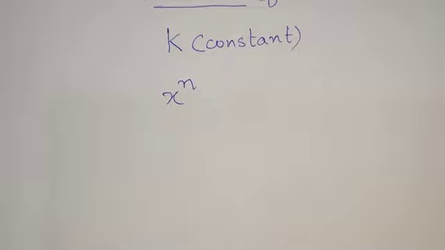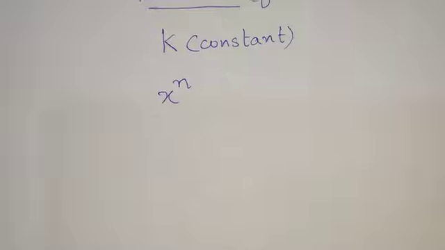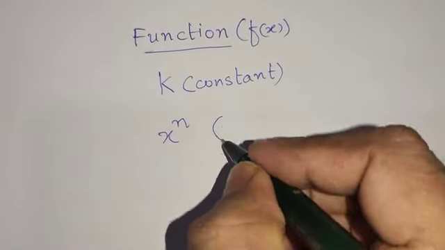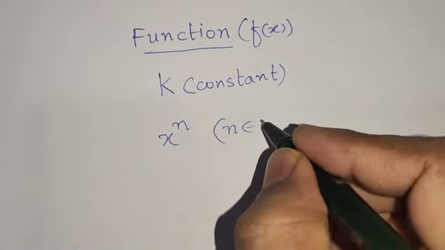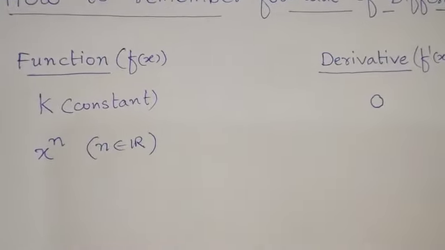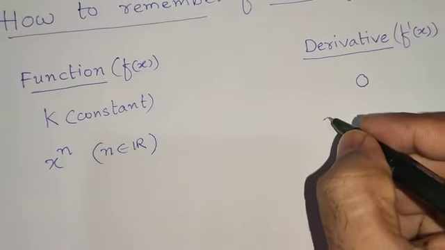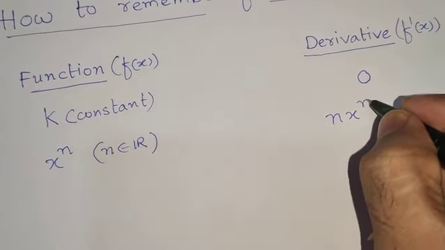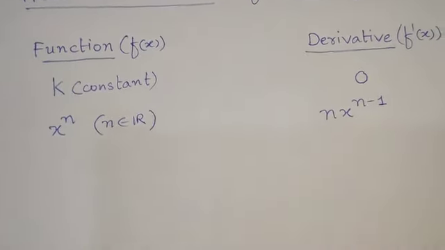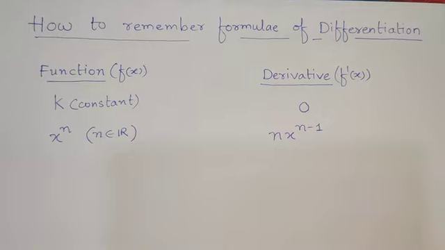And you can write real numbers also, 1 by 2, 3 by 2, 3 by 4, 5 by 4 also, x raised to 3 by 2 and all. So n belongs to R, where R is the set of real numbers. So for x raised to n, its derivative is n x raised to n minus 1.